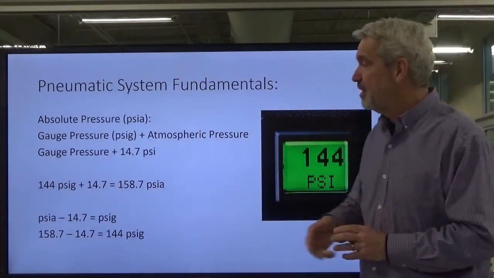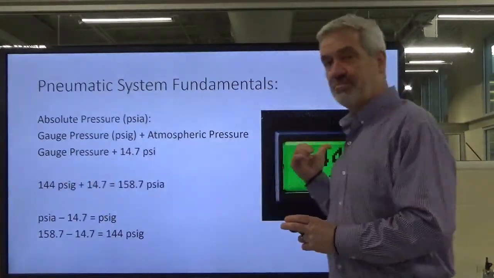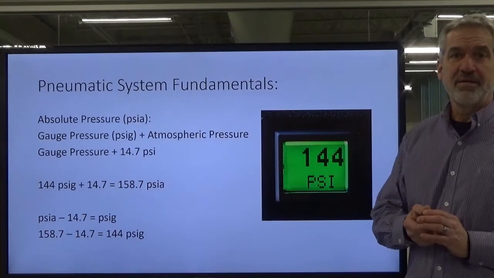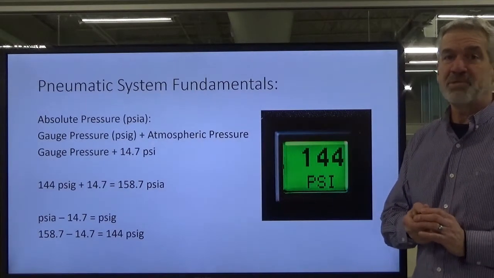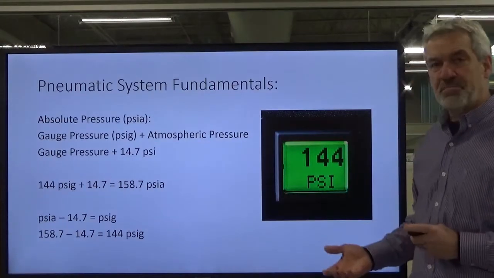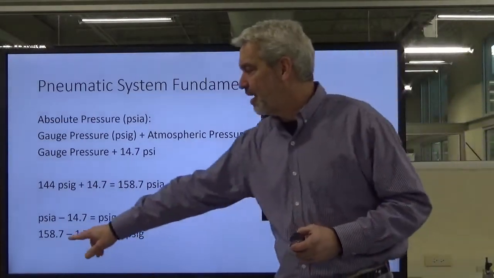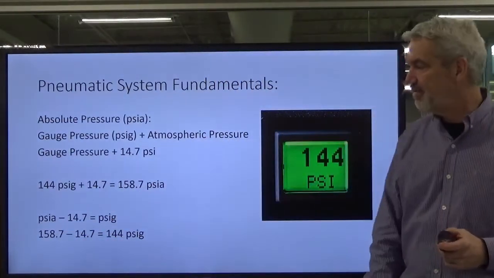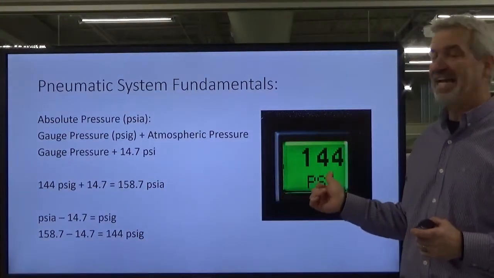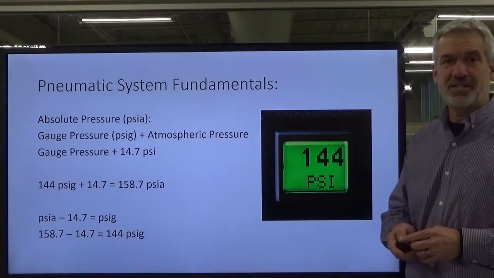Well, pretty simple. Just add 14.7 to your gauge pressure, and you wind up with 158.7 pounds per square inch absolute pressure. All right, and again, in order to convert absolute pressure back to gauge, you take your absolute, subtract 14.7, and we wind up with 144 psi gauge pressure. Okay, just that simple.